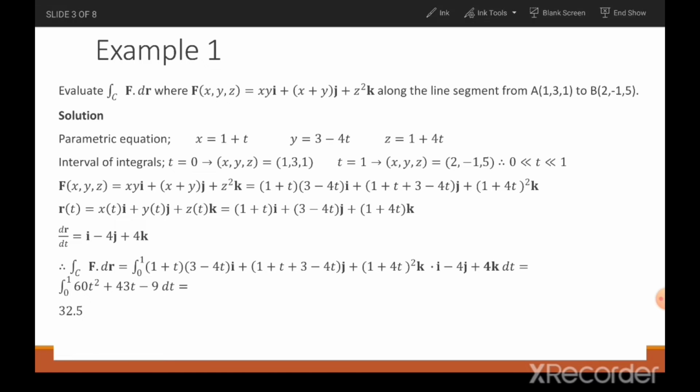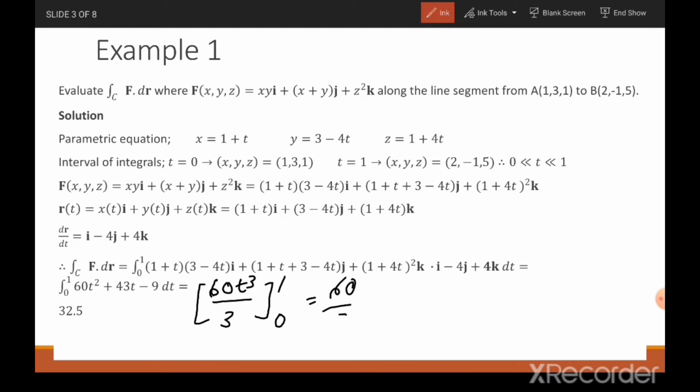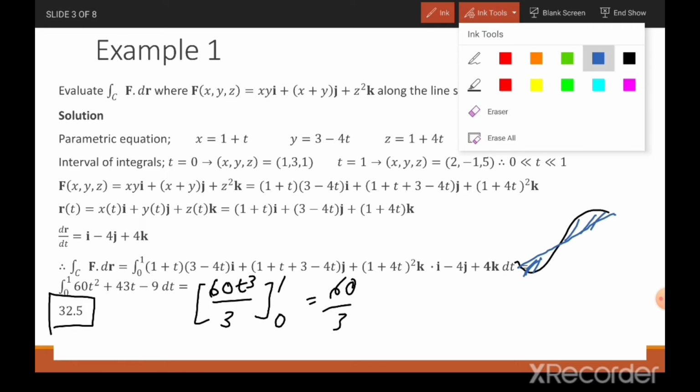So 32.5 is just the surface area for this line integral.